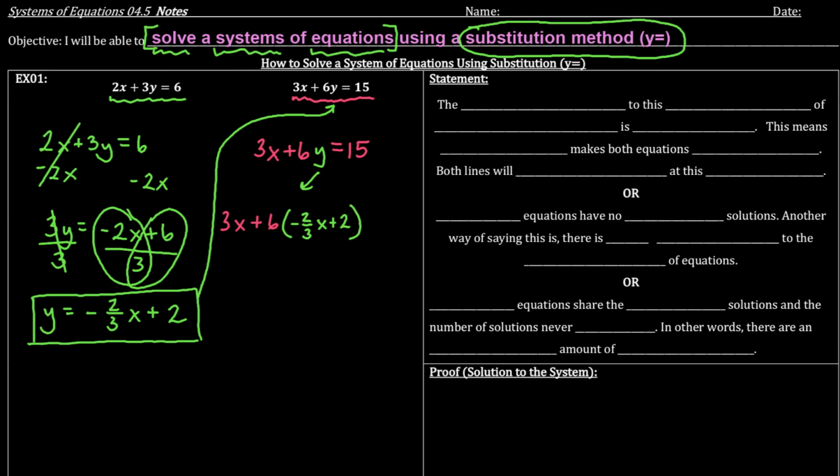And it should be equal to 15. So right here, 3x plus 6 times this y right here, negative 2/3 x plus 2.